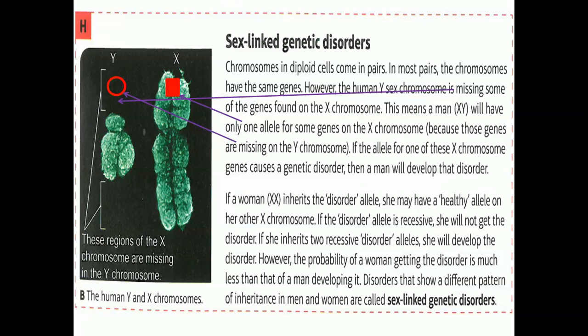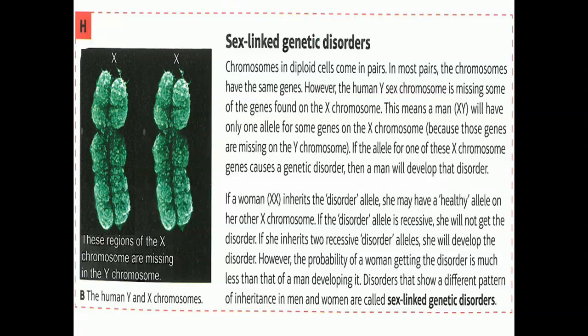Females have 2 X chromosomes, so if they inherit a disorder allele, they might have a healthy allele that is expressed instead if the healthy allele is dominant. If they inherit 2 recessive disorder alleles, then they will develop the disorder.